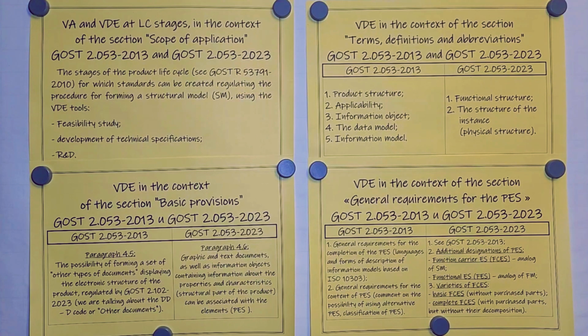In particular, the formation of standards governing the formation of structural and functional models is relevant for the stages justification of the development, development of technical specification, conducting research and development of the product life cycle, see GOST 53791. In the standard version 2023, there are no references to the changes in the structure requirements depending on the stage of the life cycle.